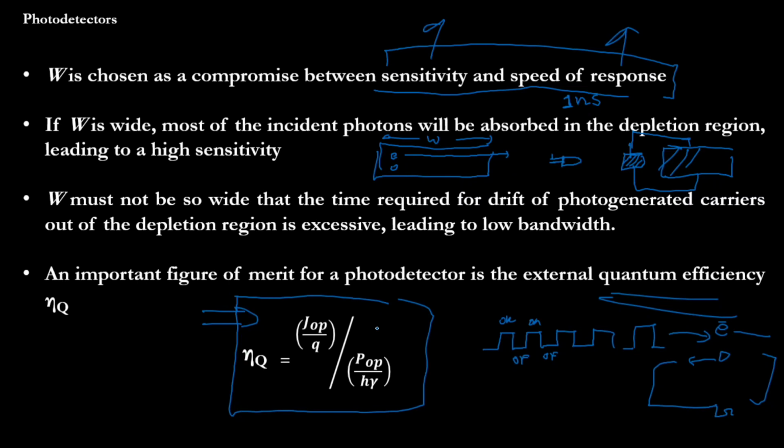Next is the photodetector. Solar cells and photodetectors both convert light energy into electrical energy. To make my photodiode a photodetector, it should work in the third quadrant, so I should apply a reverse bias to my photodiode.